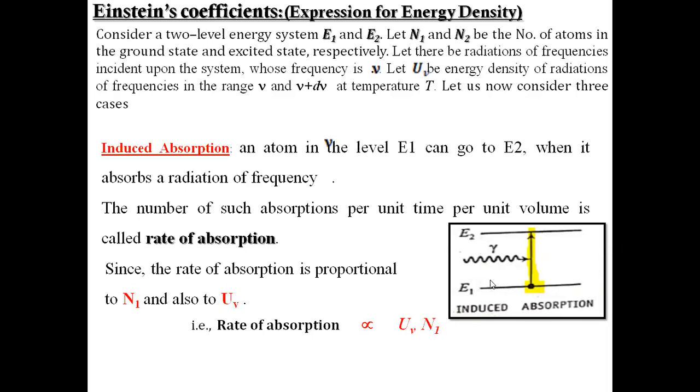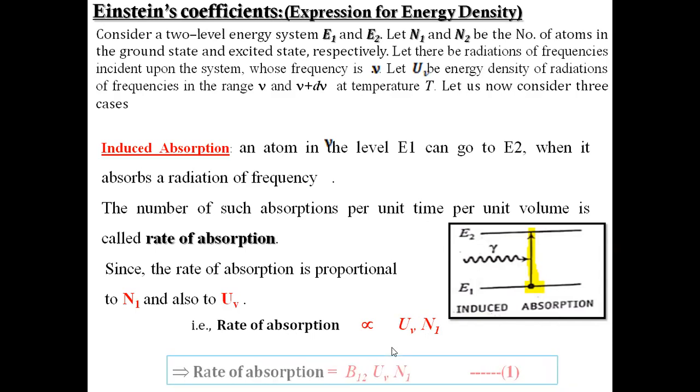If there are no atoms in the ground state, forget about the excitation. Therefore, N1 is important. Also, if you don't incident photon, if you don't have this U, then there will be no excitation. Therefore, rate of absorption depends on these two factors, and the constant of proportionality is known as Einstein's coefficient, right? That I have represented with the symbol B12.